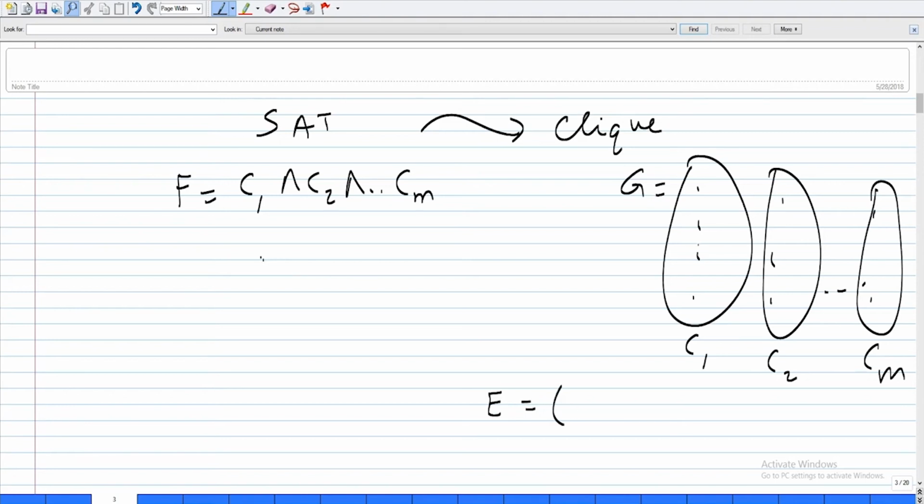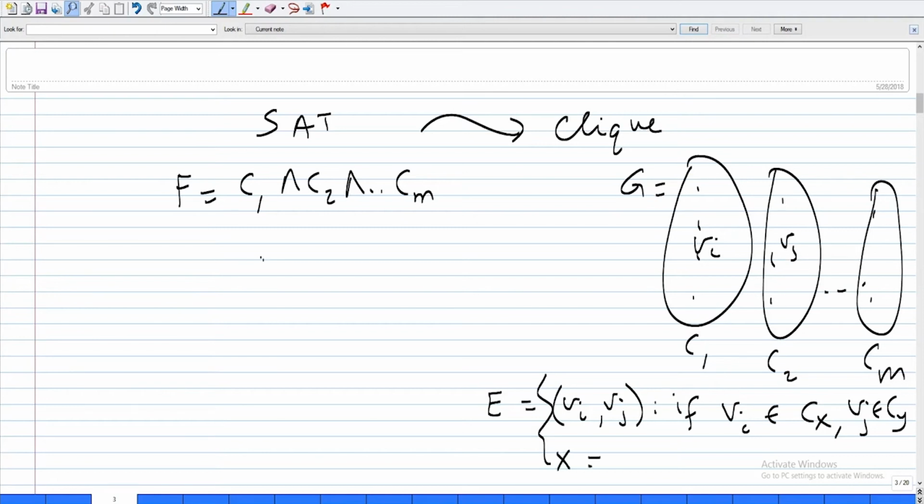And the edge set would be as follows. Let's say this is some Vi and this is some Vj. You have an edge ViVj if Vi is in some Cx and Vj is in some Cy, x is not equal to y, and the corresponding variable xi is not equal to xj bar.